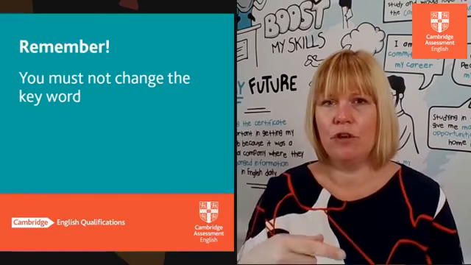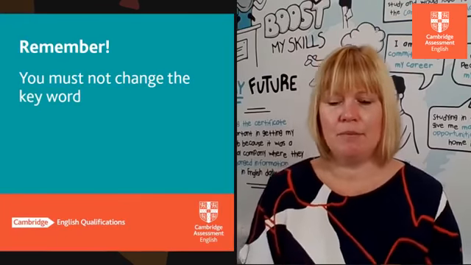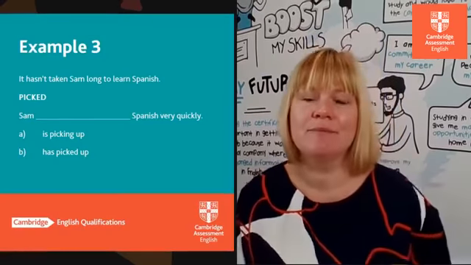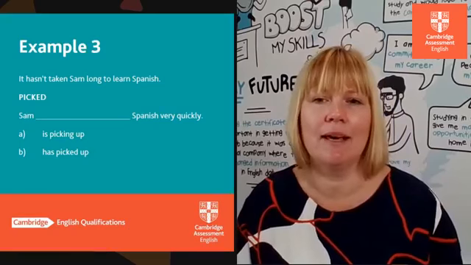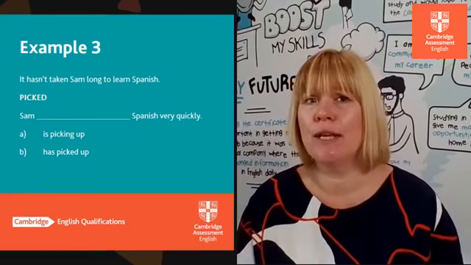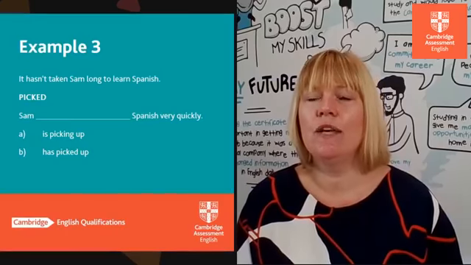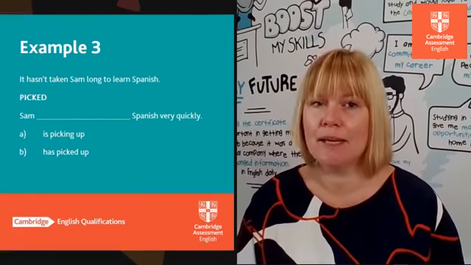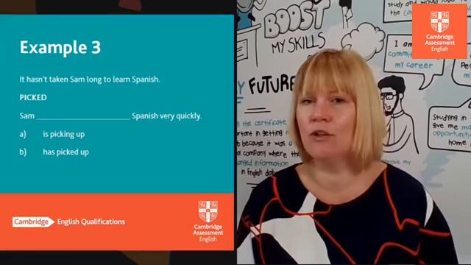Oh, sorry. Well, if you go back to the previous one, we can look at the keyword is picked. Okay, it is not picking. So I agree, in this sentence, actually, A is pretty close in meaning, but if you chose A, you have changed the keyword from picked to picking, and that's not allowed.